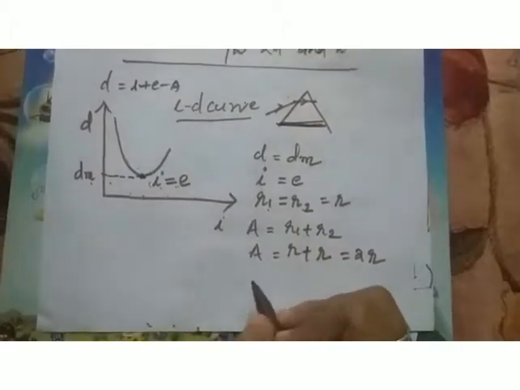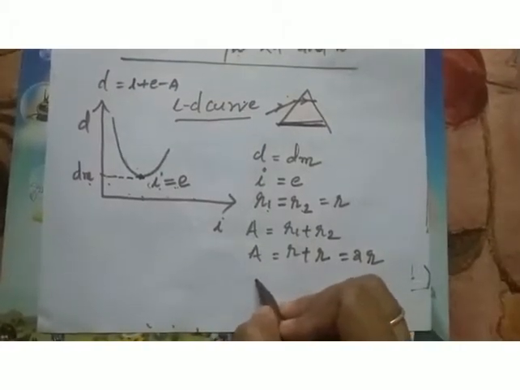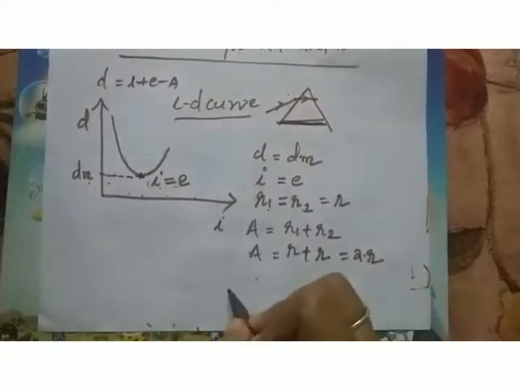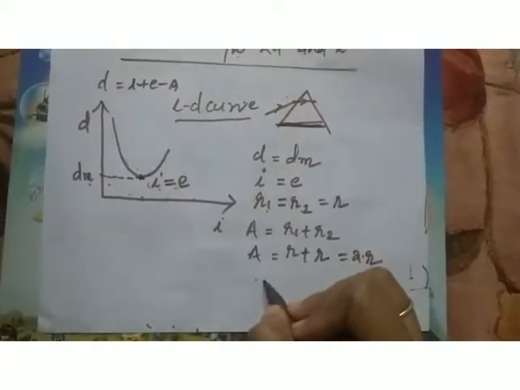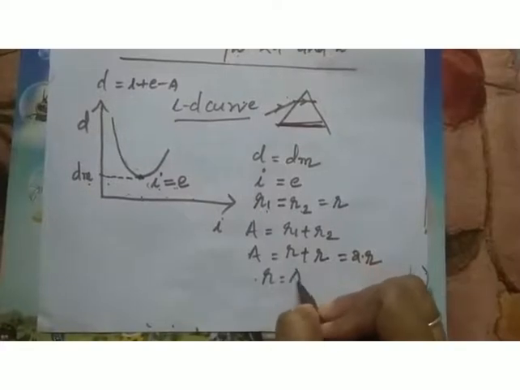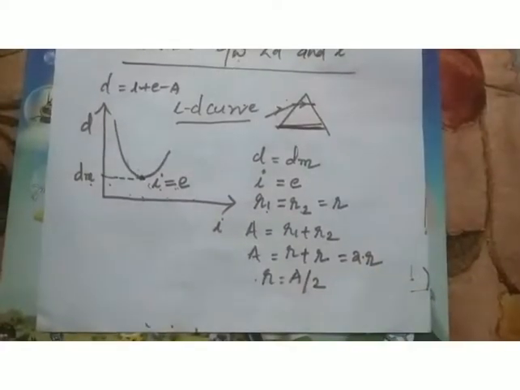So at the minimum deviation position, A is equal to 2R, then R will be equal to A by 2. So this is the case at the minimum deviation position.